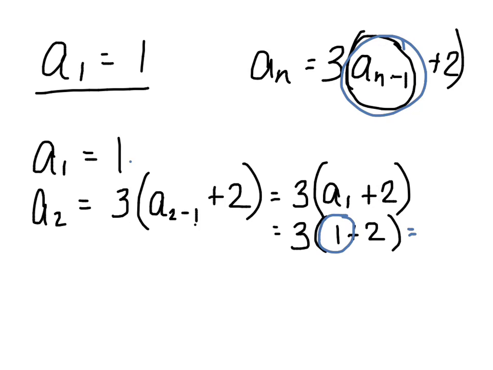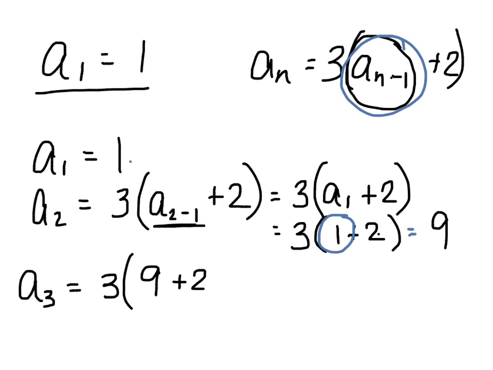So again, remember your order of operations. 1 plus 2 is 3. 3 times 3 is 9. Then if I do the third term, again, it's the same thing. I figured out that the previous term was 9 in this case, so I'm just going to put that in.